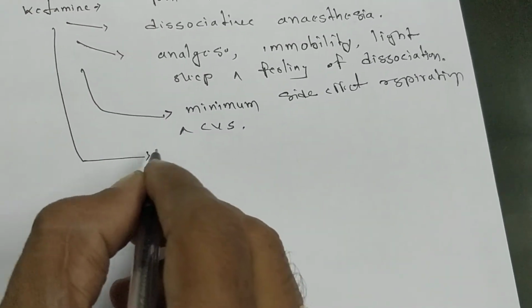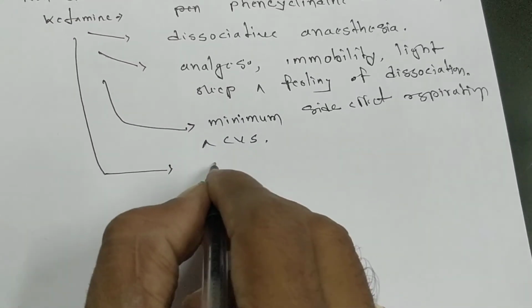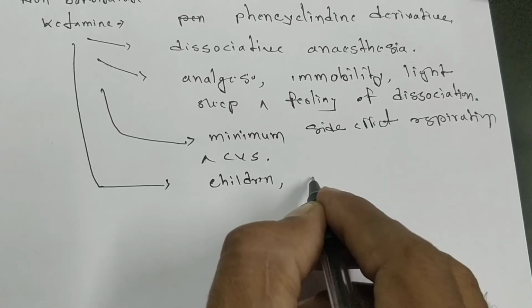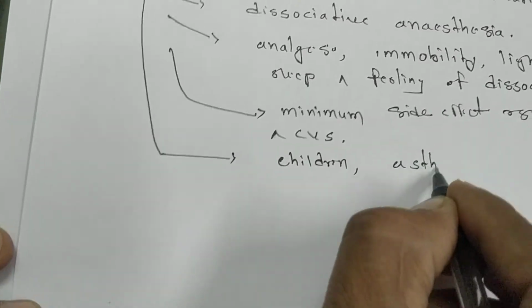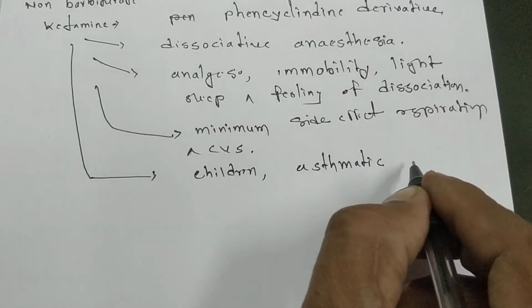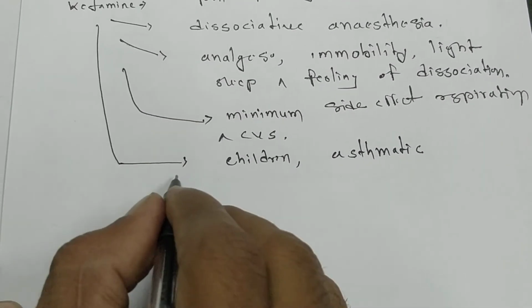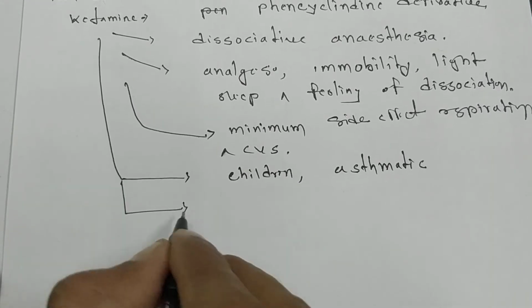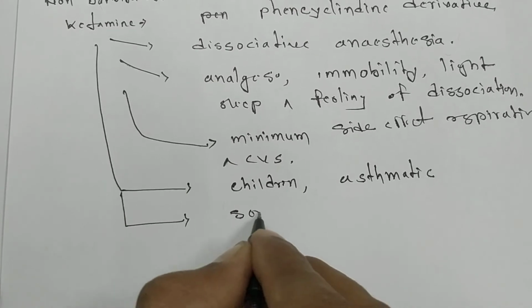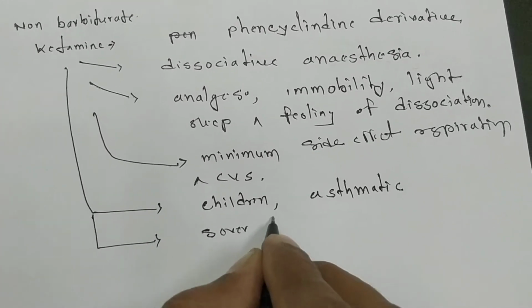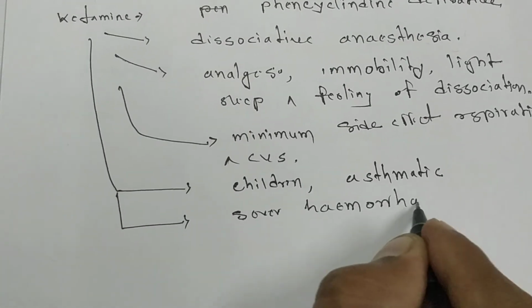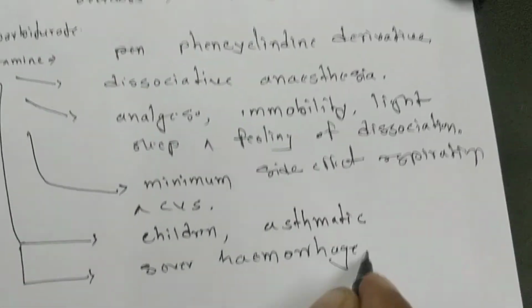Ketamine is commonly used for children, asthmatics, and in severe hemorrhage.